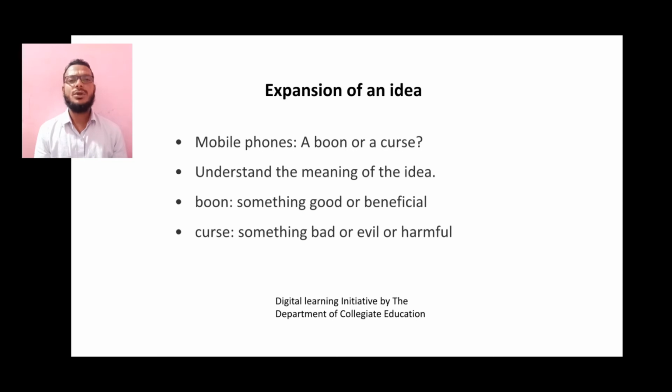And then you have to write 2 or 3 sentences about that mobile phone. And then you have to write about the advantages of the use of mobile, something good or beneficial from mobile phones.